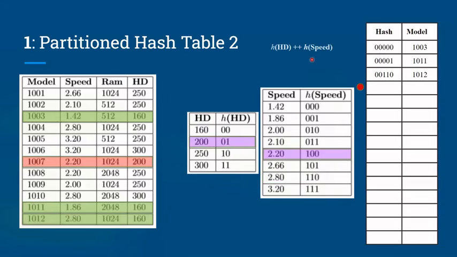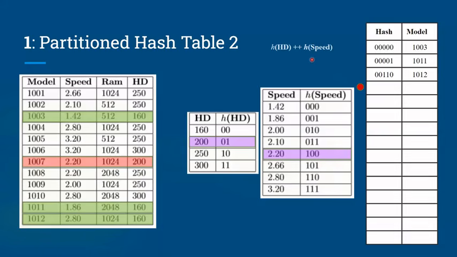We would go on, and we find that we don't have the rest of those items. So we go one further step in the HD, and we've got 200, and we take a look at the speed, and we don't have a speed with 1.42 while the HD is equal to 200. We have 1.86, and so on until we reach 2.2, where we do have one.